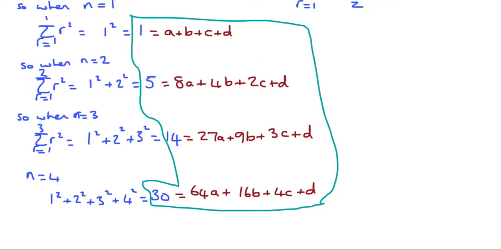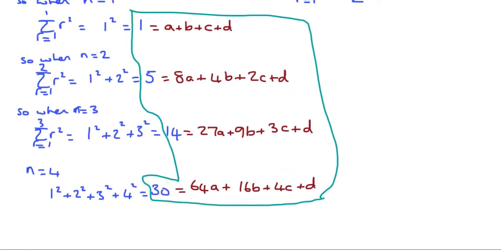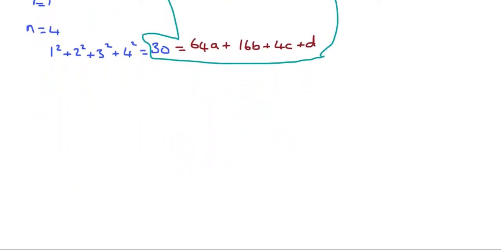There happens to be 4 unknowns, which is quite annoying. It's going to take quite a while to work these out, but we can do it. I'll write them out again.